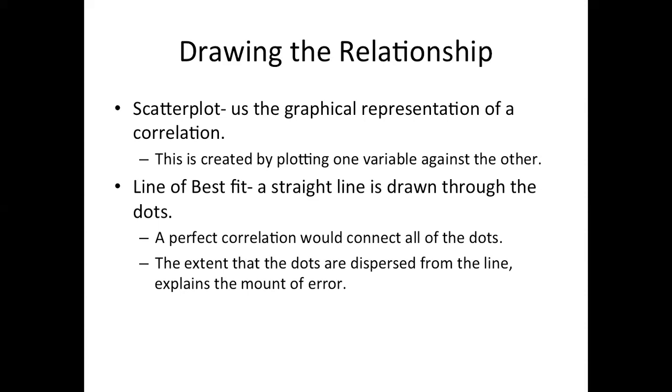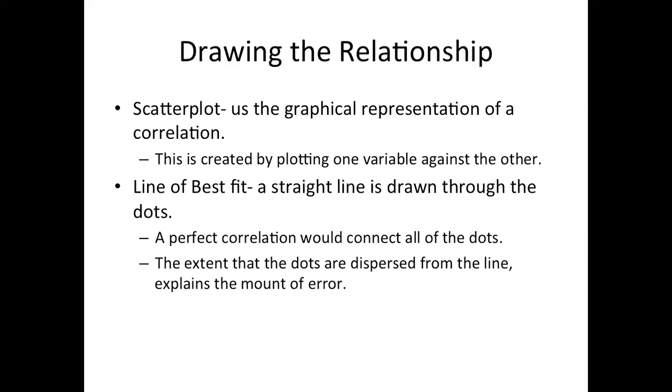Now, with the line of best fit, if it were a perfect correlation, you should be able to connect all the dots with a single straight line. But notice how there was this wide shading going down or up, because in reality, it's rare to get a perfect correlation. So we would show the trend of the relationship.